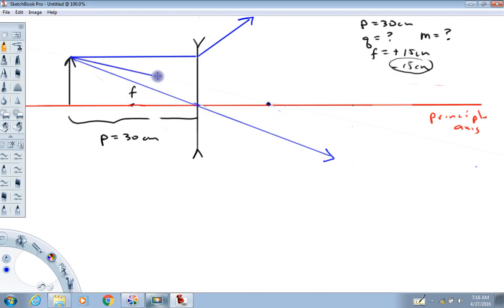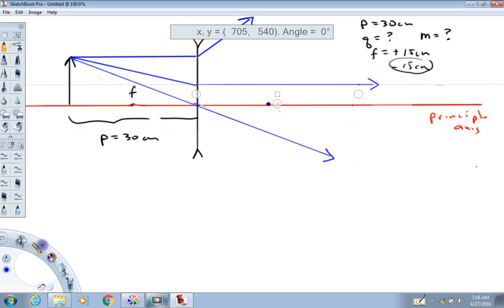A ray heading towards this focal point will be refracted and come out parallel. Now, the image is formed where the perception of these rays intersects.